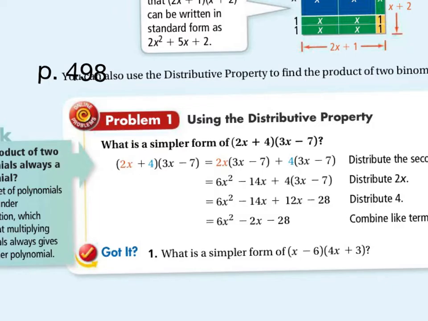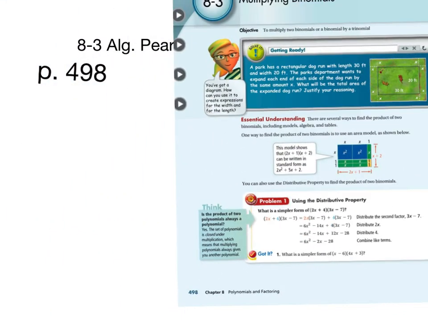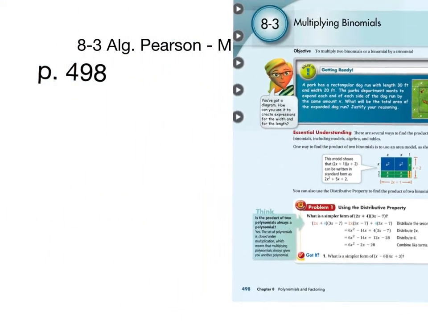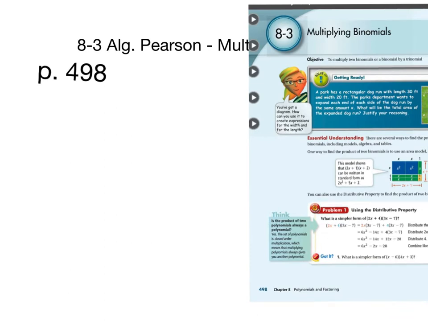Before we work this out, I want to show that this does work. I want to prove that this works using just numbers. So let's say, for example, I have 10 times 15. 10 times 15 is equal to 150.